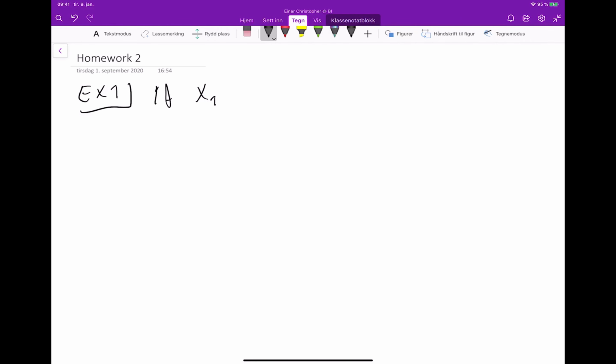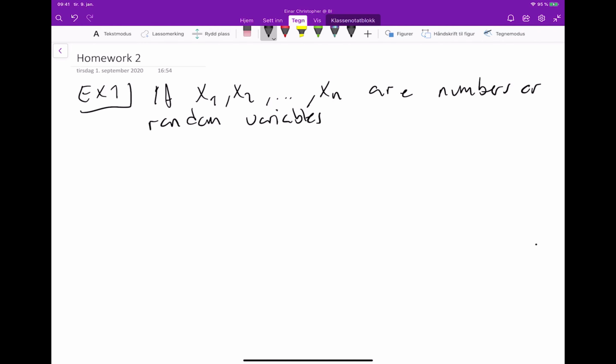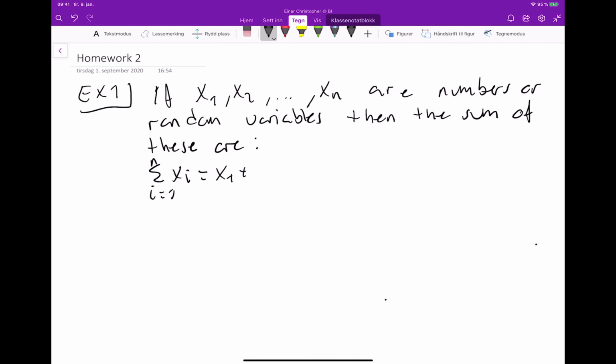If x1, x2, ..., xn are numbers or random variables, then the sum of these is, and this we know, the sum from i equal 1 to n of xi, which can be expanded to be x1 plus x2 plus ... plus the last one, xn.